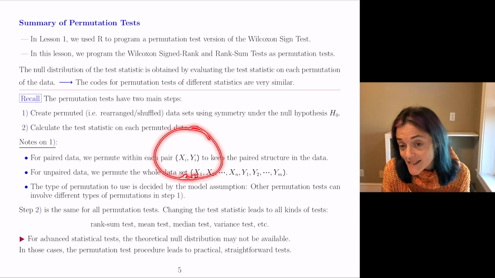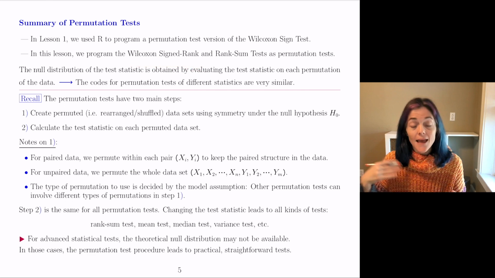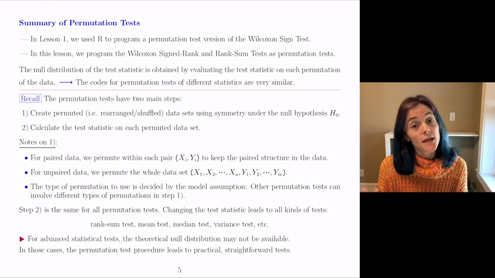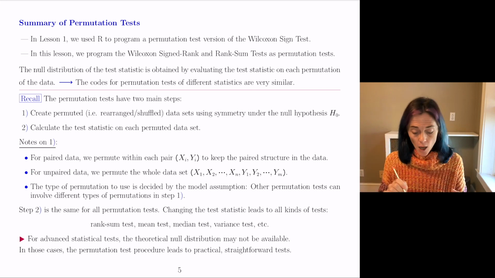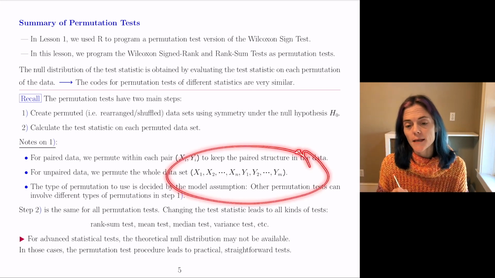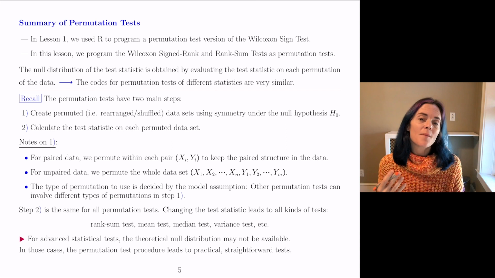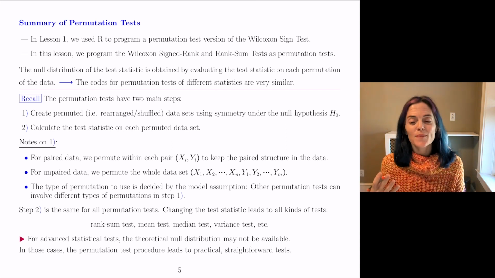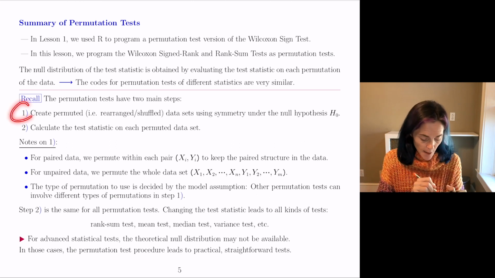That's what we saw in the last lesson, and that's what we will see in the signed rank test. This is in order to keep the paired structure of the data. However, for unpaired data, we permute the entire data set. The type of permutation in general to use is decided based on the model assumption. Other permutation tests could use different types of permutations in this step 1.